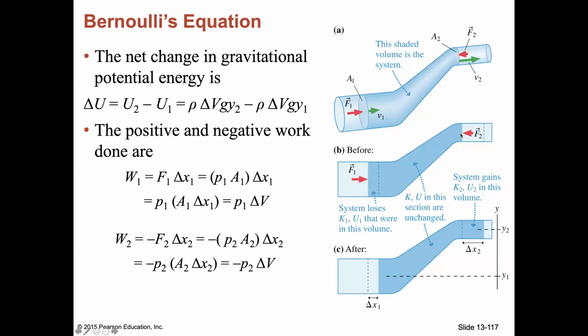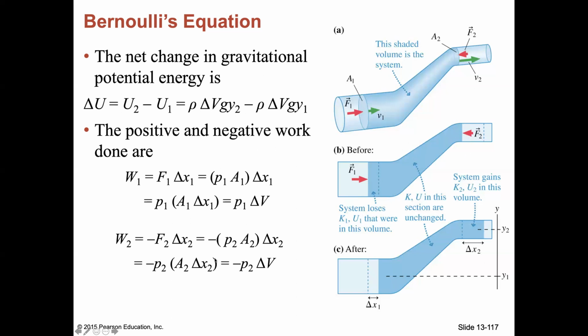F2 is pushing to the left. However, the fluid is moving to the right, which means the displacement is in the opposite direction of F2. So the work should be negative. So W2, or work 2, is negative F2 delta X2.